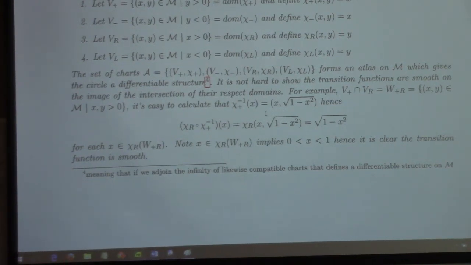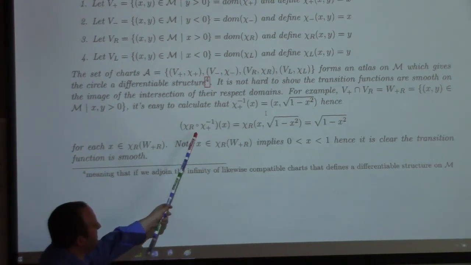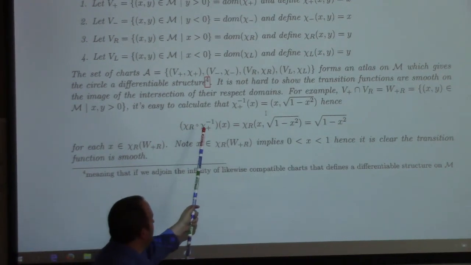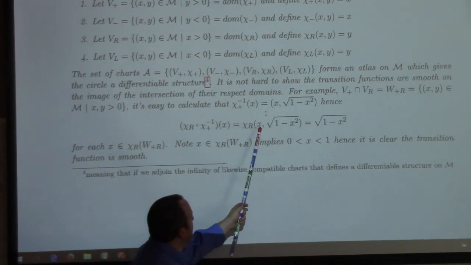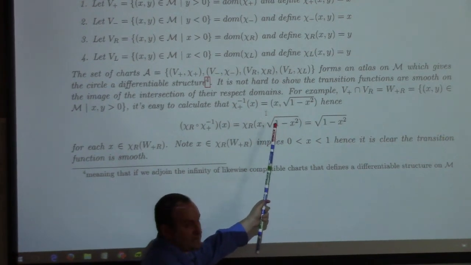But I think it's important for us to get some actual examples of manifolds, so it's not just me talking about these funny pictures. So if you compose the right map and the upper map inverse, the upper map inverse takes x to the point over x, which is the square root of 1 minus x squared.